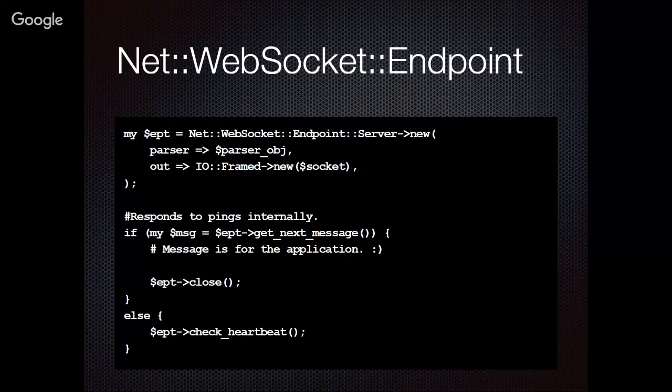So with this get next message call, if something comes in on the wire, that just happens. It'll send the pong silently, because there's really no reason to expose pings or pongs to the client. Browsers don't do that.